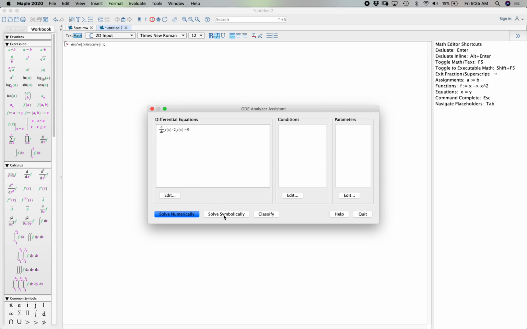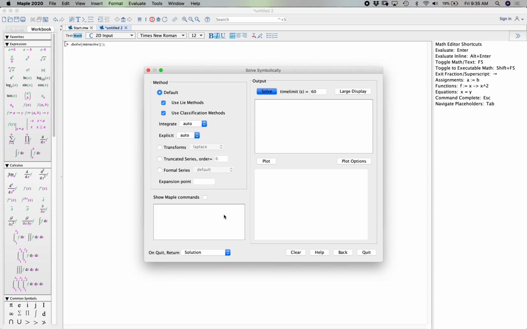Then we have Solve Symbolically. Instead of the default method, we're going to go with the formal series and solve, and we have this particular display.